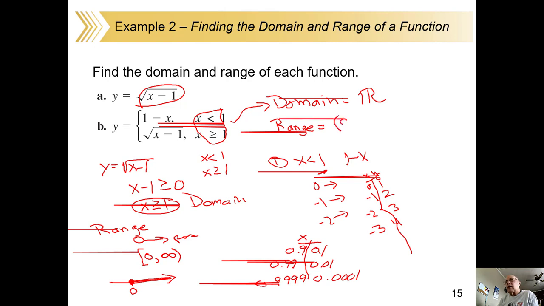So that's where the range starts for this first part. And if I look down here, what's happening is I use the negative numbers. I get bigger and bigger numbers. I expect that to continue. So for the first part, the range is 0 to infinity. That's part 1 of part B.